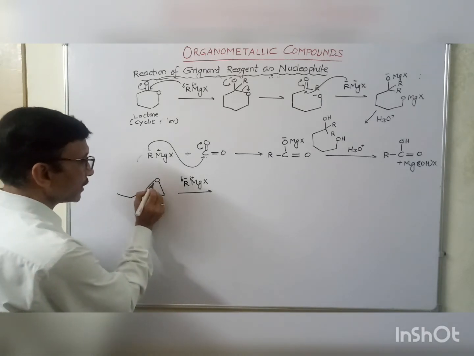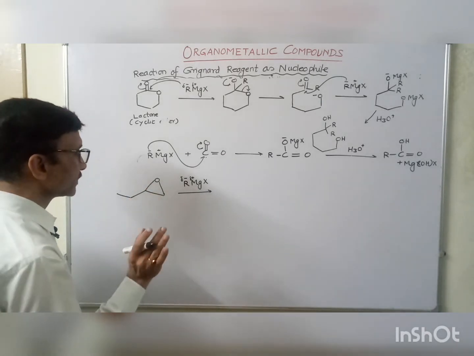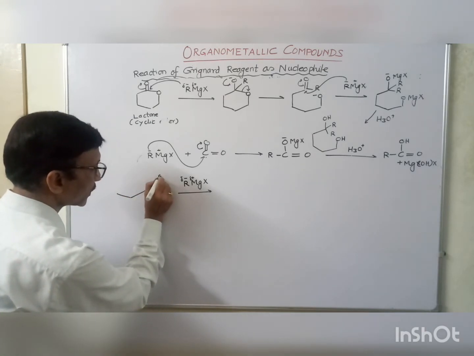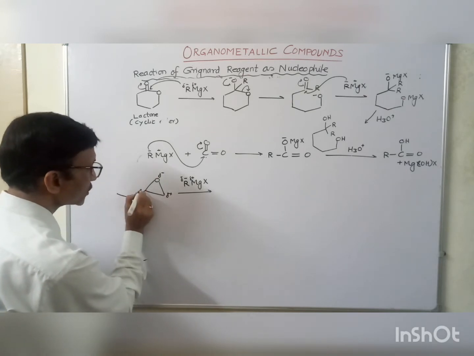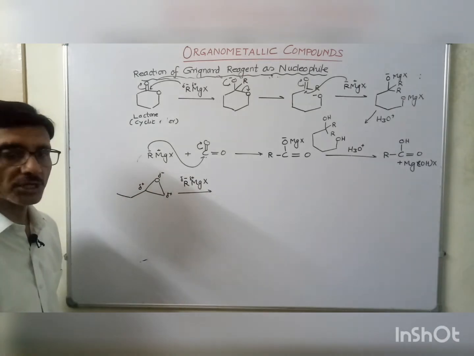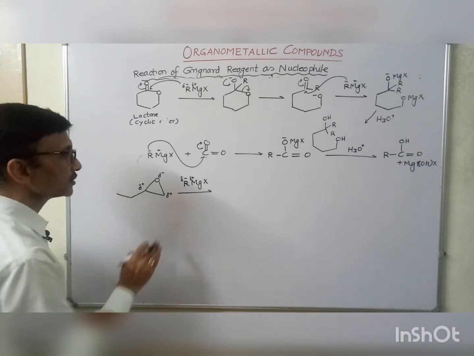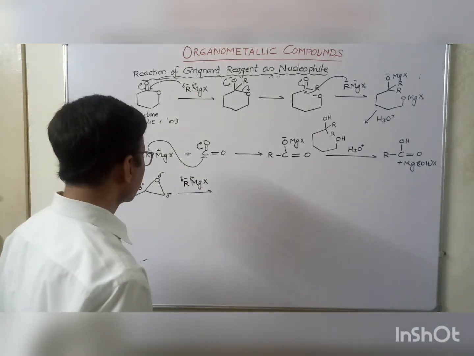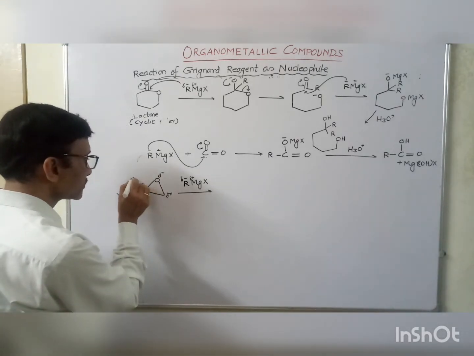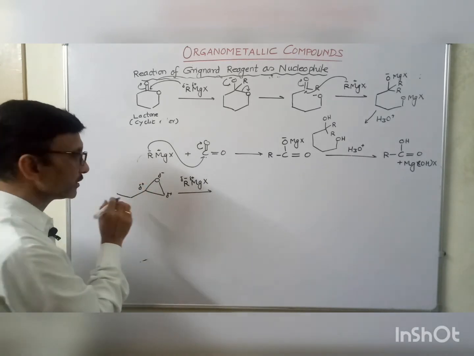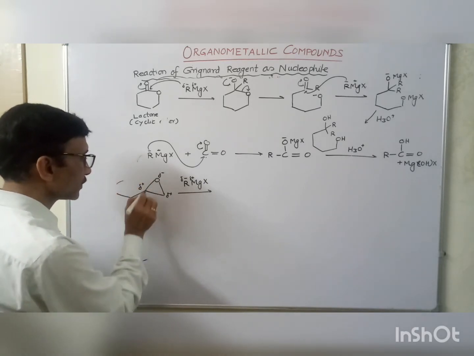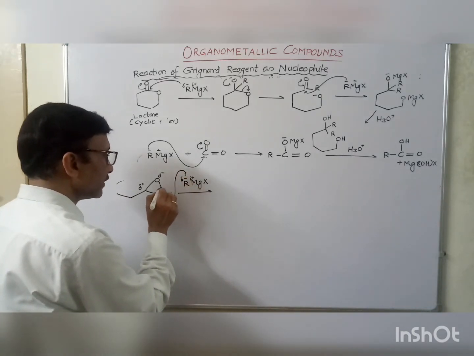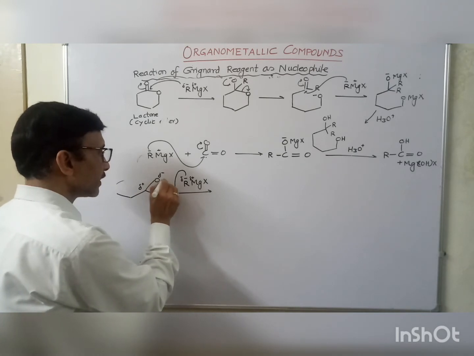If you see, there are two electrophilic centers present over here. This one has a delta plus charge, and this is also having a delta plus charge. Now, where should this nucleophile attack, at this electrophilic center or this one? No doubt, this electrophilic center is the sterically hindered center, as a bulky group is present over here, so it will attack the other electrophilic center and the epoxide ring will open like this.